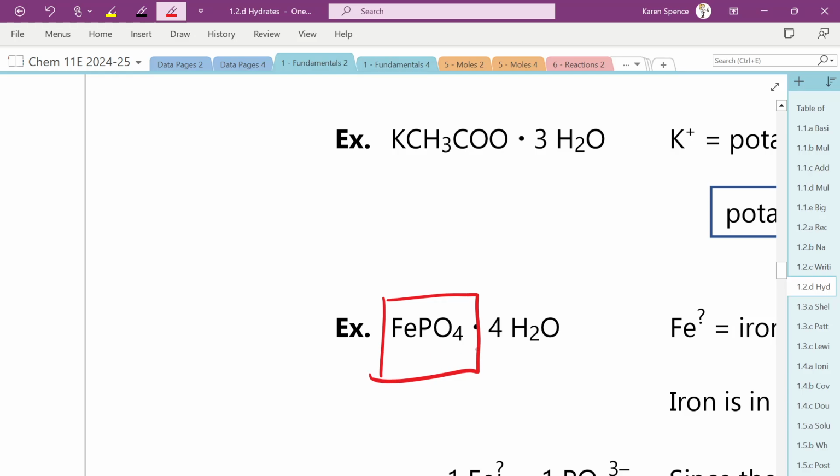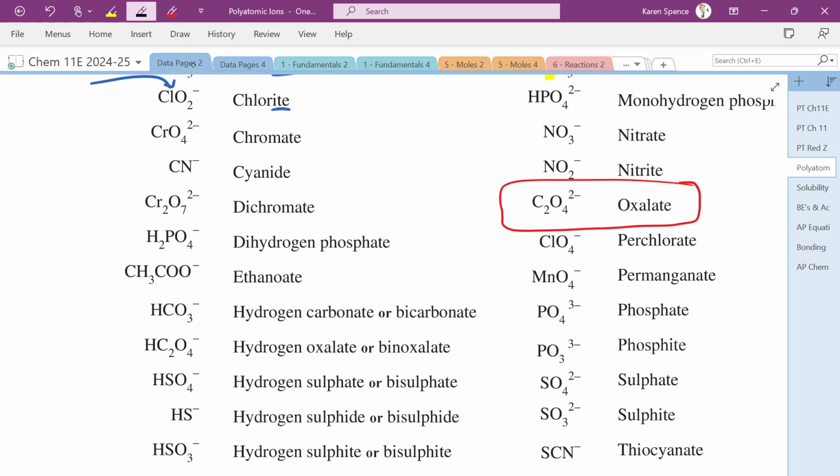Perfect. Okay. How do I know the charge of iron? It's not in one of the columns where we know the charge. The compound has to be neutral. So how would we figure out what the charge is for this? You have to figure out the charge of phosphate. So you look up phosphate, PO4, and you say, what is phosphate? Phosphate is 3 negative.